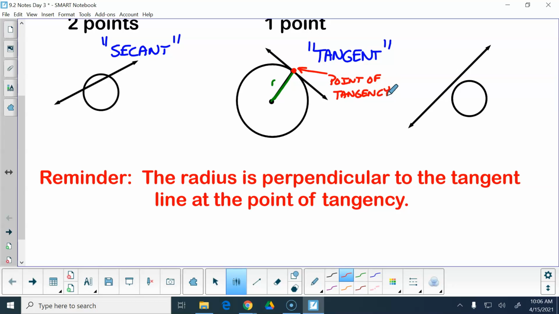I think I spelled it right. So it's perpendicular at that point.